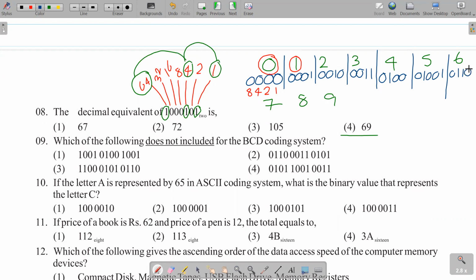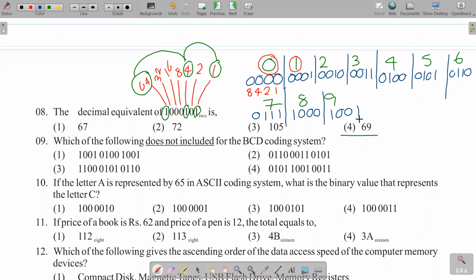So 5 can be written as 0, 1, 0, 1, and 6 can be written as 0, 1, 1, 0. 7 can be written as 0, 1, 1, 1. 8 can be represented as 1 and 3 zeros, and 9 as 1, 0, 0, 1.